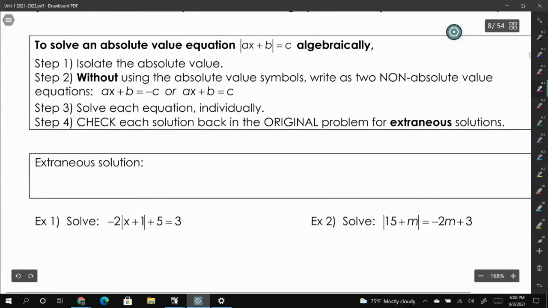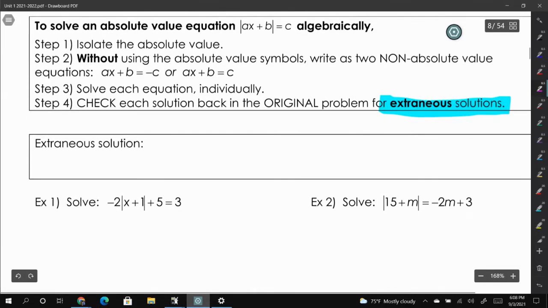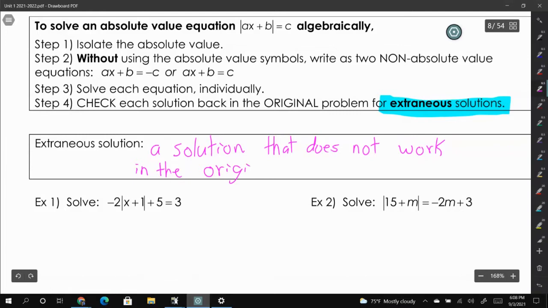But we do have a new term here called an extraneous solution. An extraneous solution is a solution that does not work in the original system.